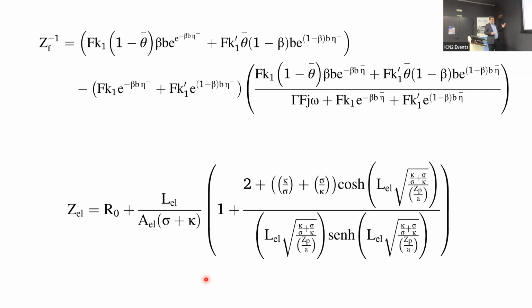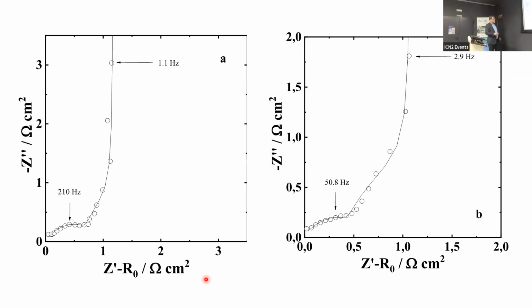So in this case, we can analyze the kinetics of the reaction, and it is possible to incorporate the effect associated with the distortion of the electrical field. And here, this is the experimental and the theoretical data for the polyoxometalate.